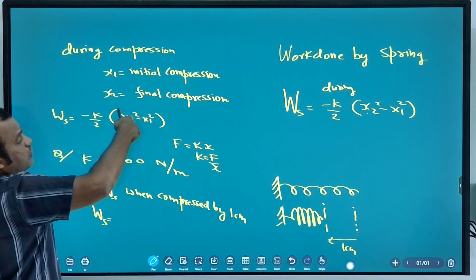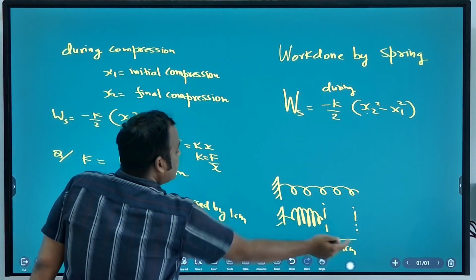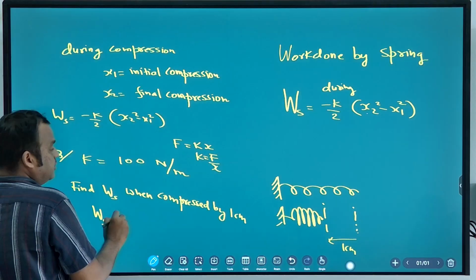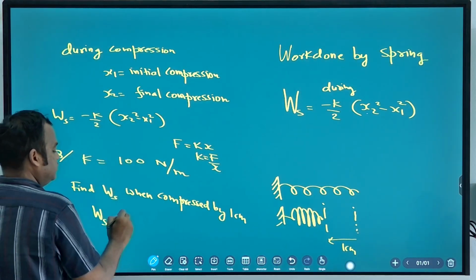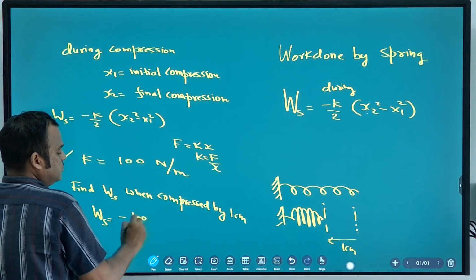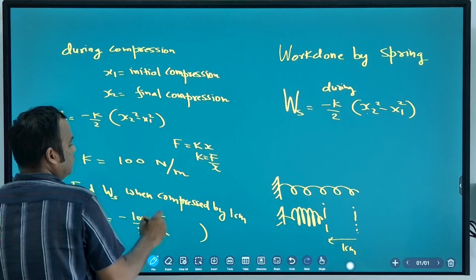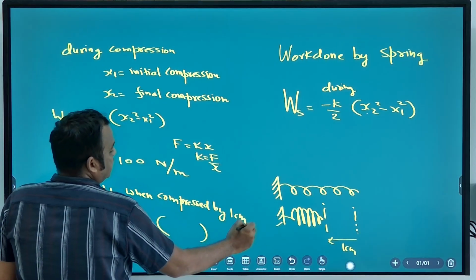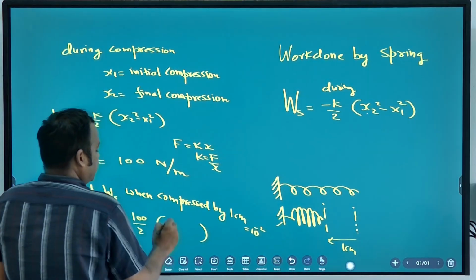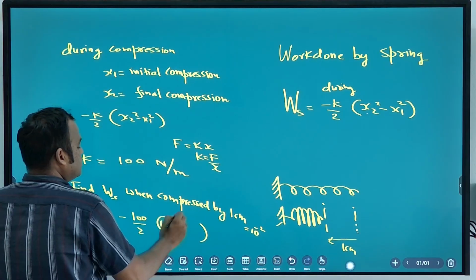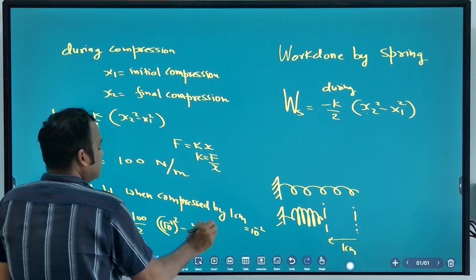Very good. What is x2? 1. So you will write formula, apply this formula. Minus k by 2 x2 square, 1 centimeter. Now convert in meter, 10 raised to minus 2. So 10 raised to minus 2 square minus 0 square.